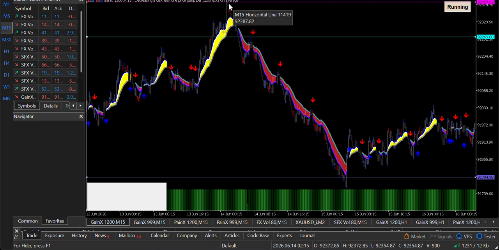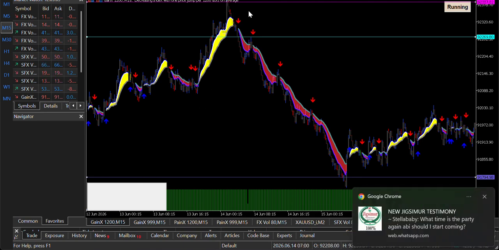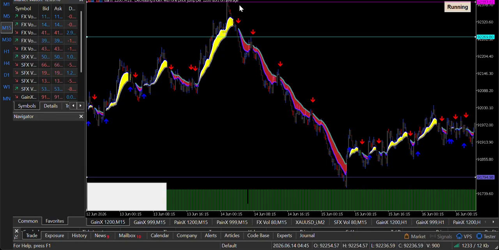In this situation, we are on 15-minute time frame, so I don't think this is too far away from the entry point. So it is a good position for my stop loss. I'm going to leave my resistance zone like that and use it as my stop loss. So this is where my stop loss will be, and this is where my entry point will be.